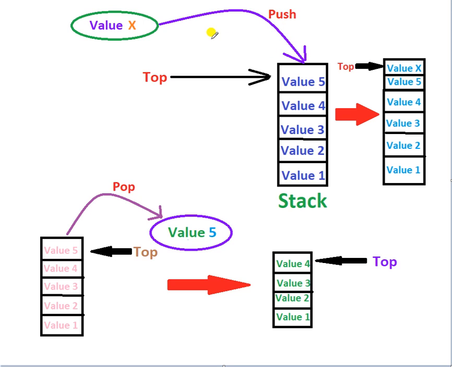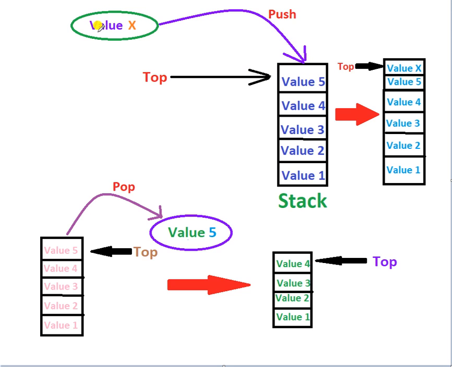In the push operation, we have a stack where we just put the values, value 1, value 2, value 3, value 4, value 5, and we have the top which is pointing to value 5. So this is the topmost value.